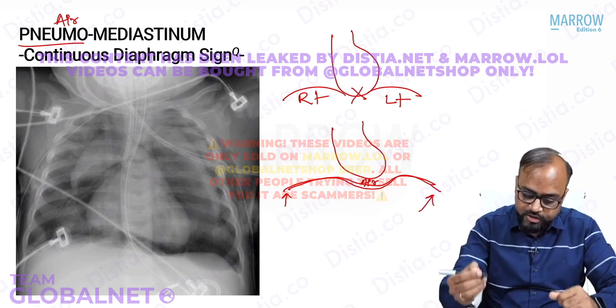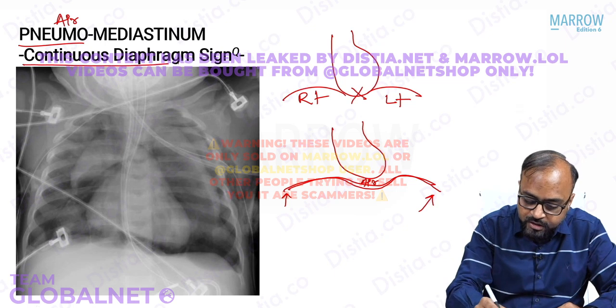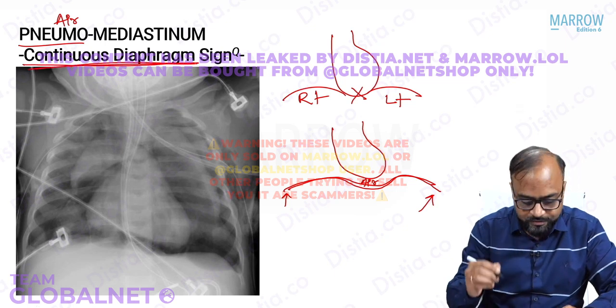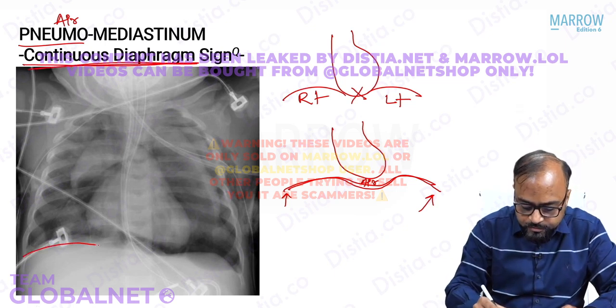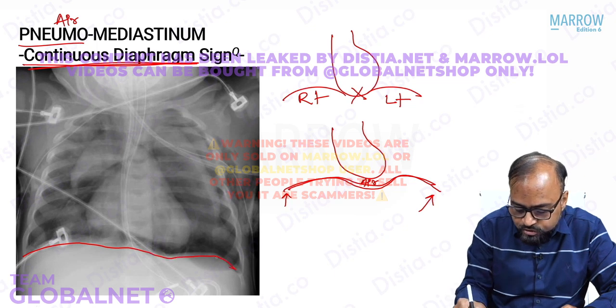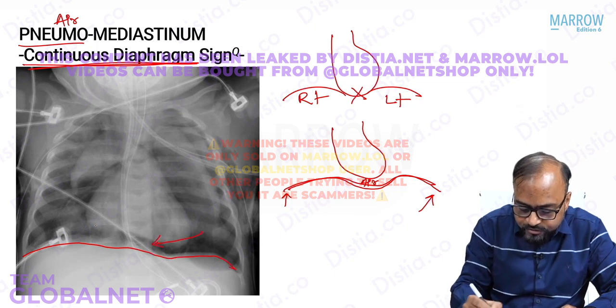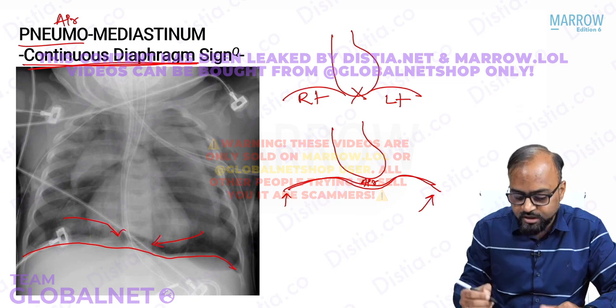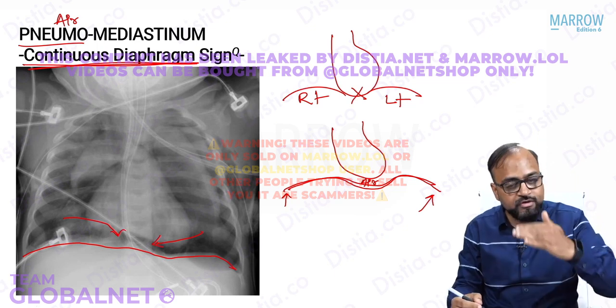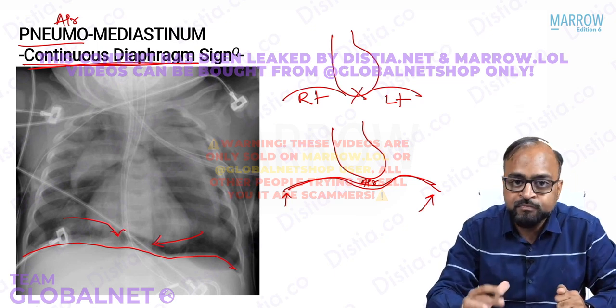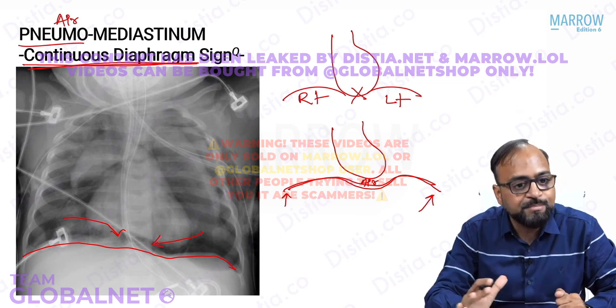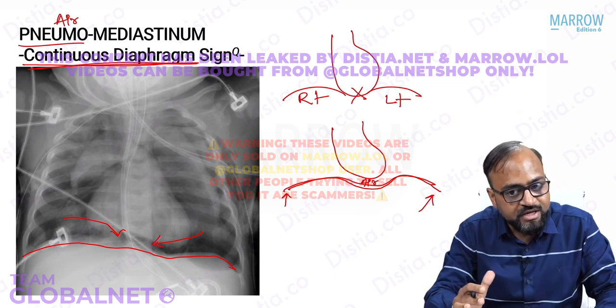This continuous tracing of the diaphragm is given a name. This is called continuous diaphragm sign. See here, we are able to see a tracing of the diaphragm continuously. There is a lucent band which is present below the base of the heart, above the central tendon of diaphragm, because the air has gone and got trapped there. This is continuous diaphragm sign, which is seen in pneumomediastinum.